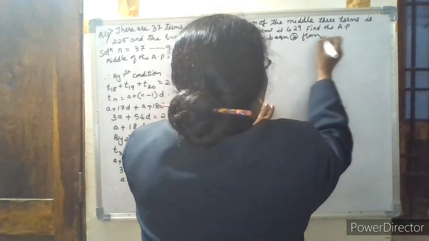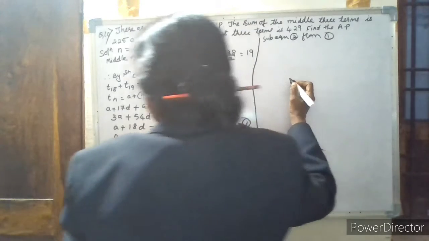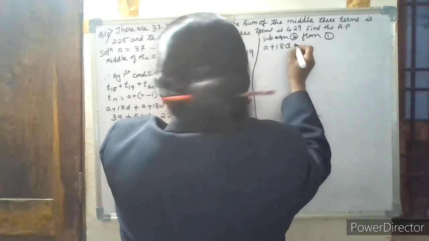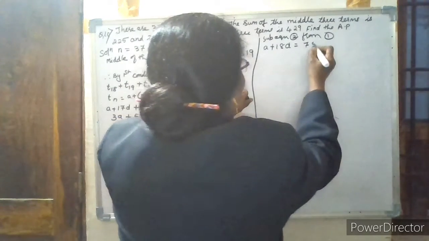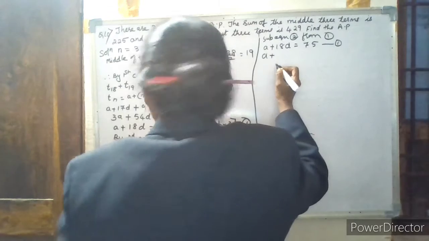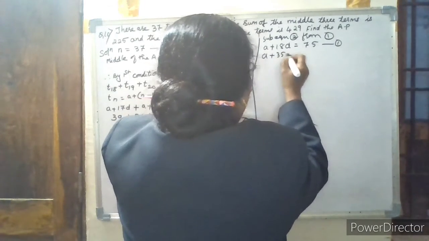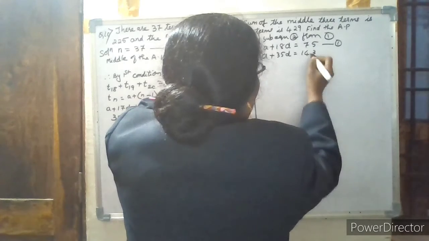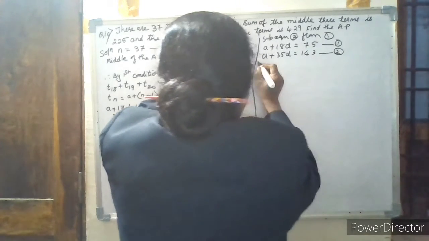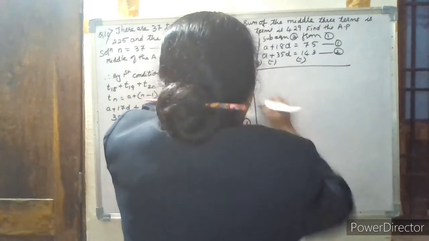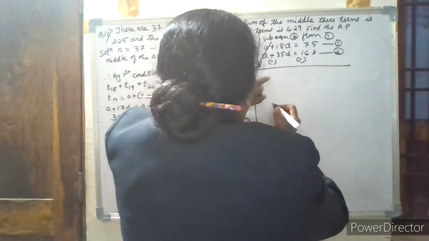So write equation 1 first: a + 18d = 75. Then a + 35d = 143, this is equation 2. Subtract it, we have to change the sign. Therefore a gets cancelled here.